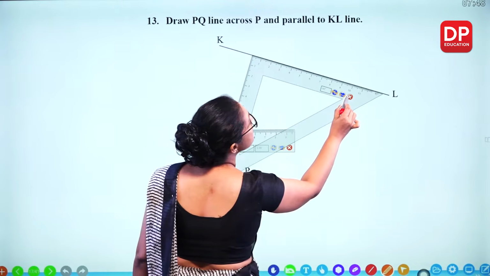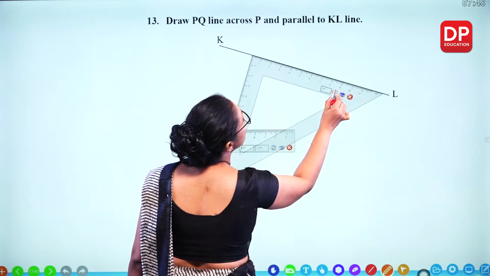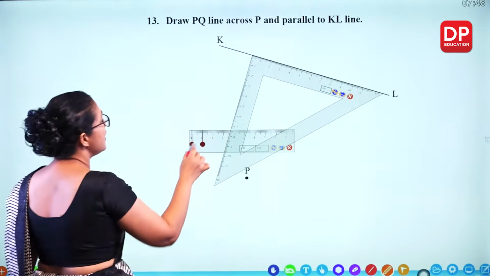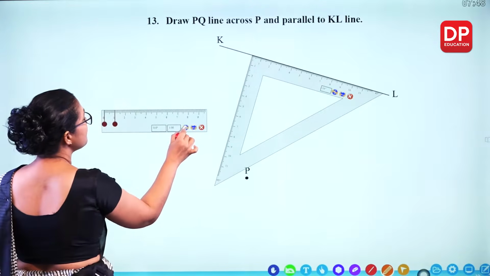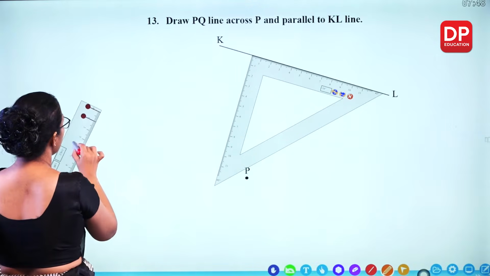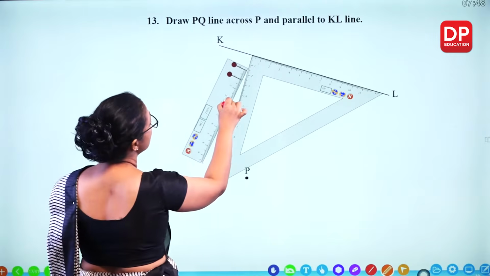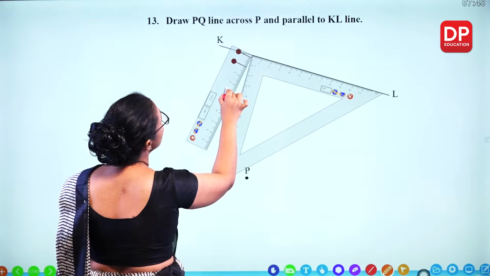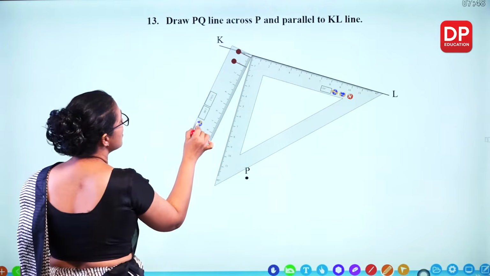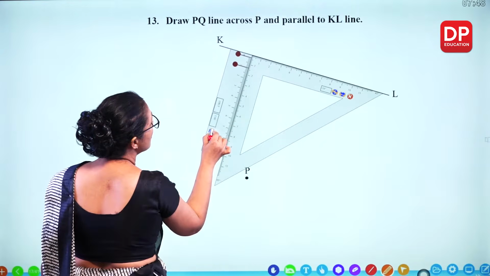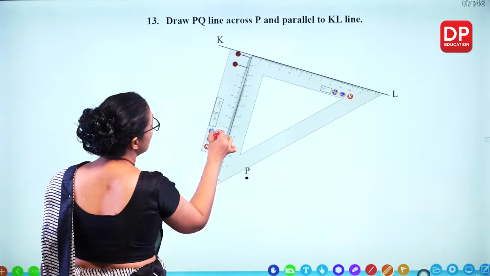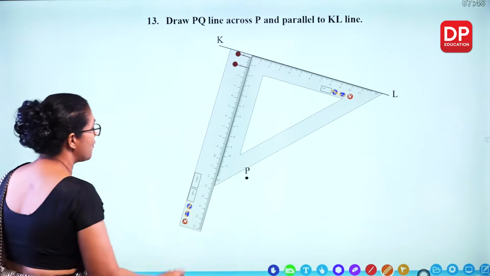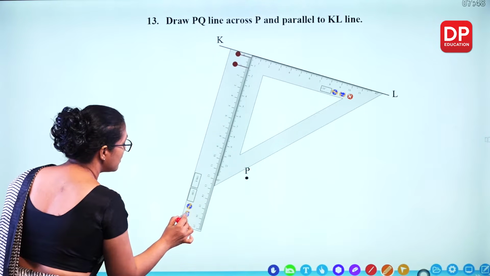I'll extend this. And then take the ruler and keep the ruler on top of this edge. Like this, tightly.